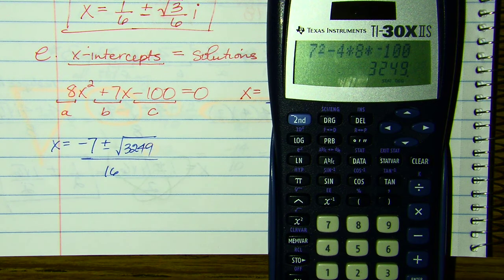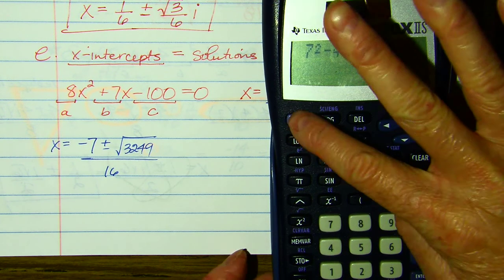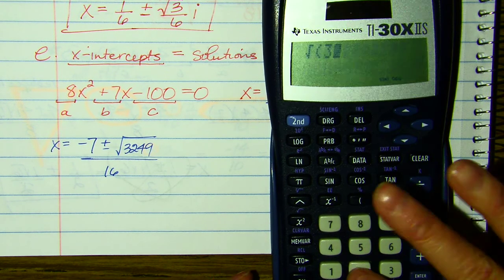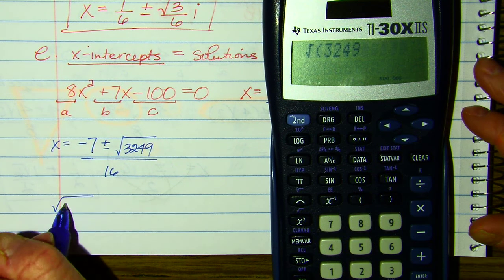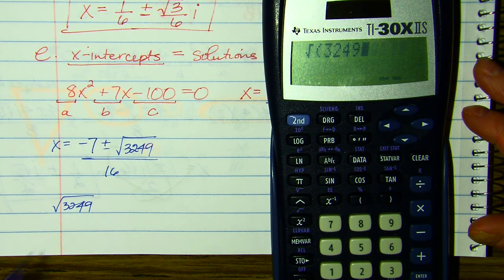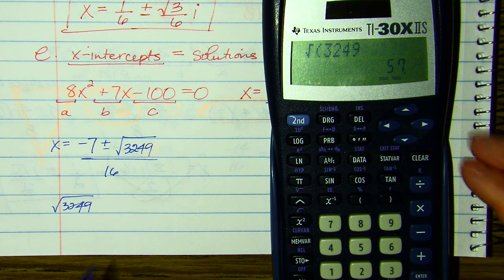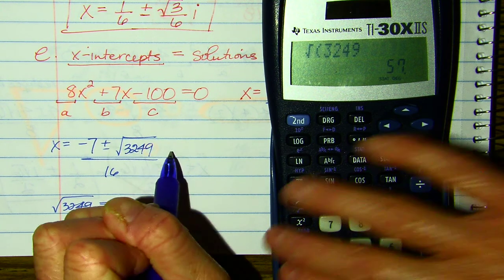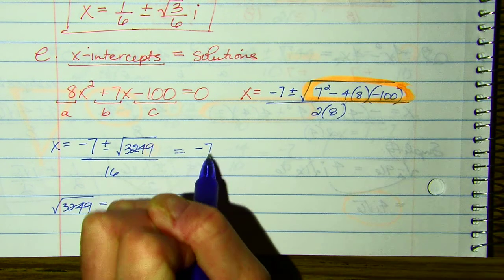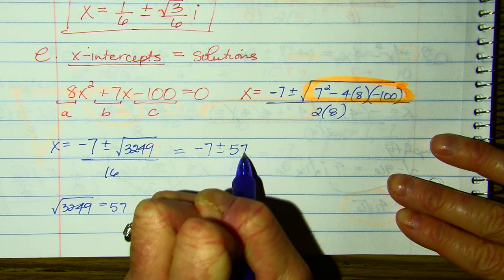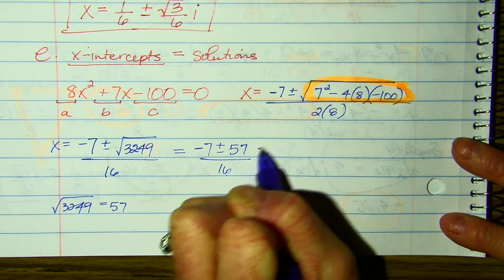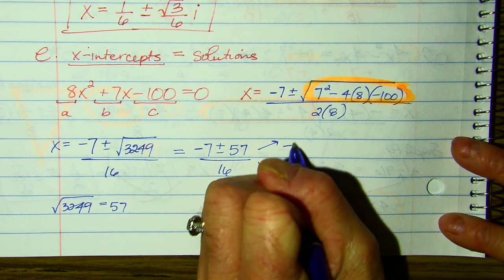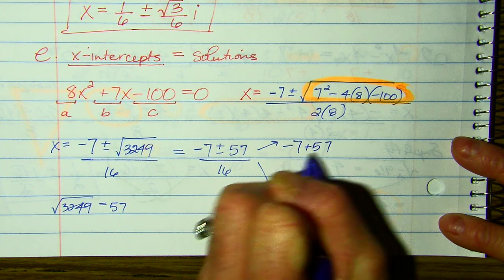3,249. Now, I'm going to see if that number has a square root. So the square root of 3249, and you can check that down here. The square root of 3,249 is 57. So this now equals negative 7 plus or minus 57 over 16. And I'm going to simplify this all the way.